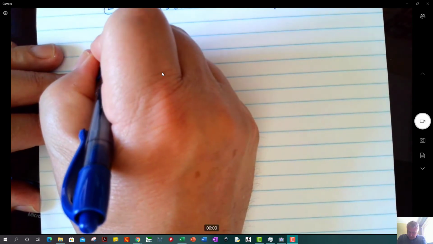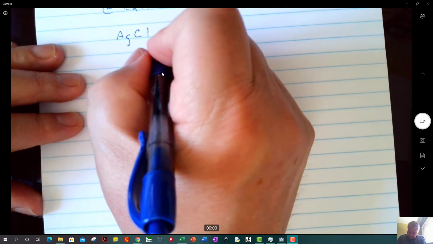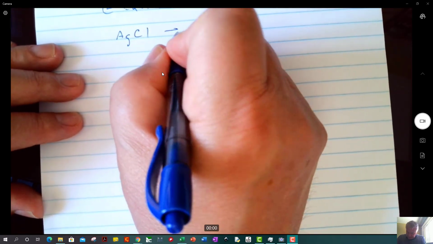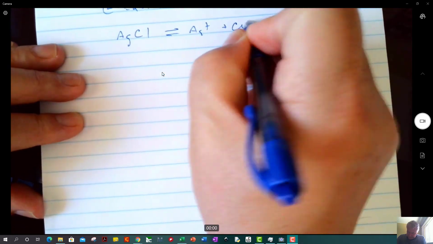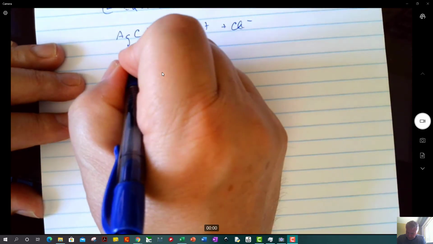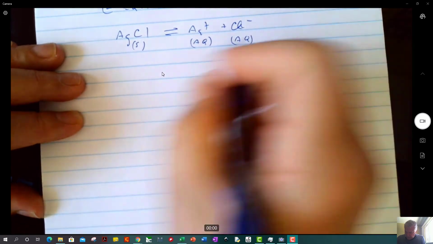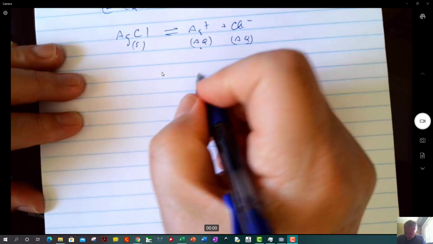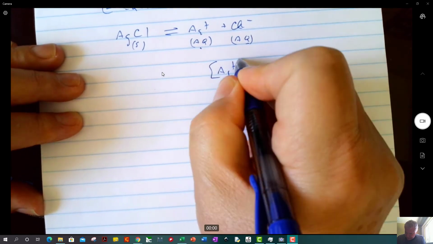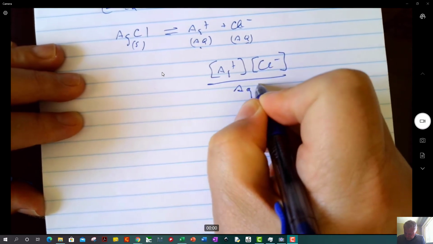Okay. In that case, this is a little bit easier because of the AgCl KSP expression, right? If you use the formalism that we've been developing, that's going to be products over reactants. It'll be Ag+ times Cl- over AgCl solid.